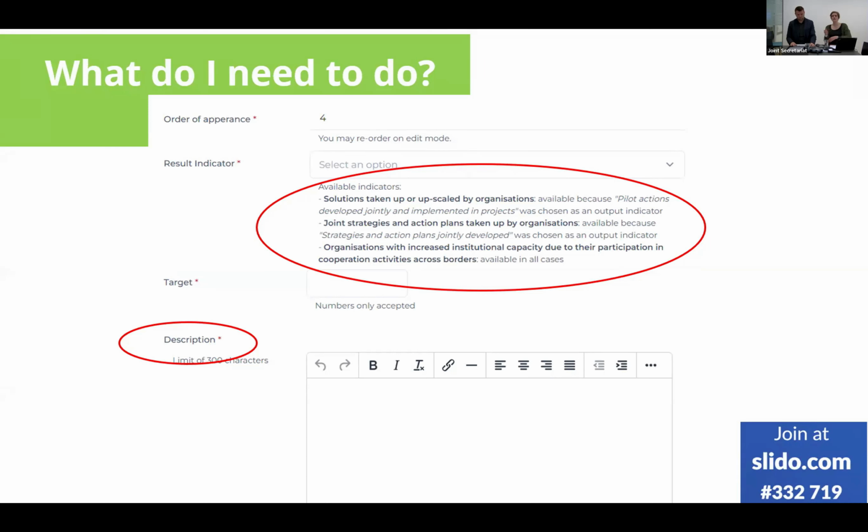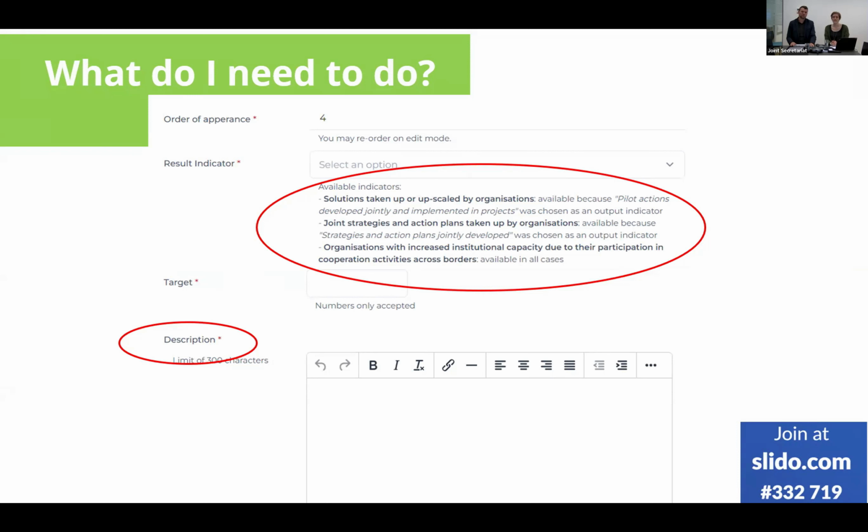And that is based on which kind of output indicators you have chosen at an earlier stage at the different work package levels. So look at that when working with the result indicators. You need to identify a target for the respective result indicator you're putting in.